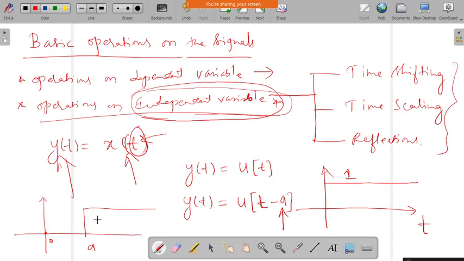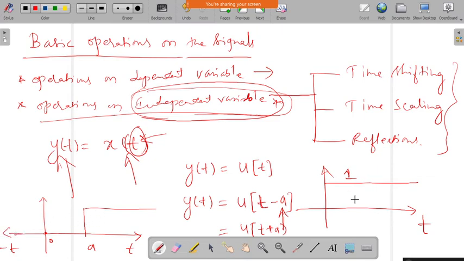The time of the signal is shifted by an amount of the value a. Similarly, if I put t plus a instead of t minus a, it will shift to the negative side. This is the positive side and this is the negative side. So if I put t plus a, it will shift the signal by amount a in the negative side.